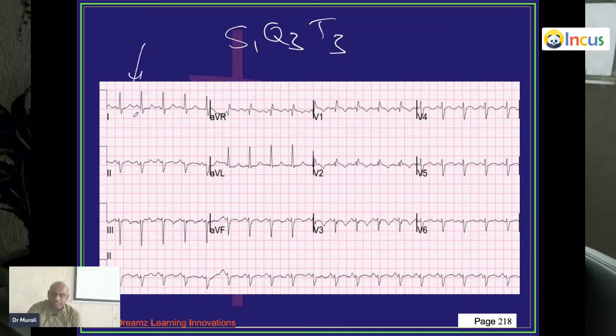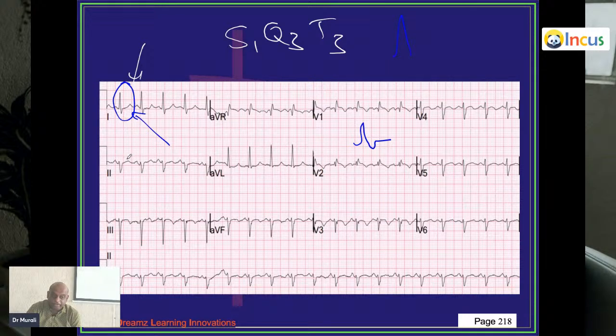In lead one, you can see S1. S means what? After the positive R wave, the negative wave is called the S wave. Can you appreciate that? S1.